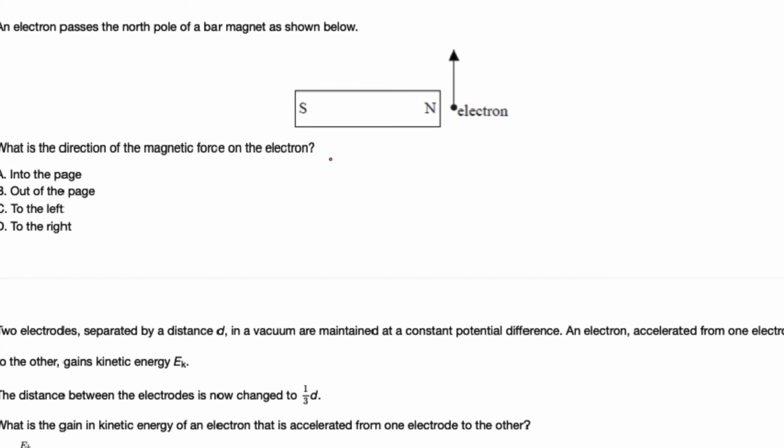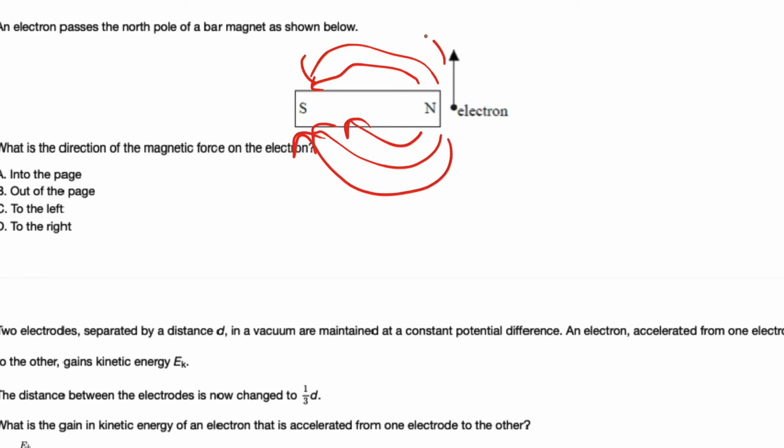An electron passes through the north pole of a bar magnet as shown. What is the direction of magnetic force on the electron? The field lines of the magnetic field are drawn from north pole to south pole, and from south pole to north pole inside.